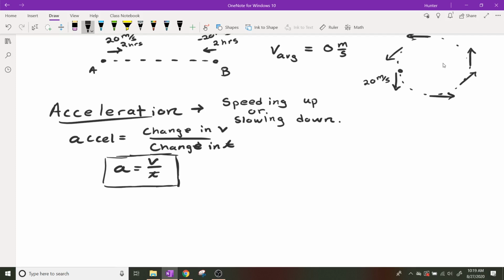So v over t is the basic way to calculate an acceleration, and it's very plug and chuggy. If you know the velocity and you know the time, you can easily calculate the acceleration of an object. Unit-wise, the velocity is in meters per second, and the time is also measured in seconds. So that comes out to meters per second squared.